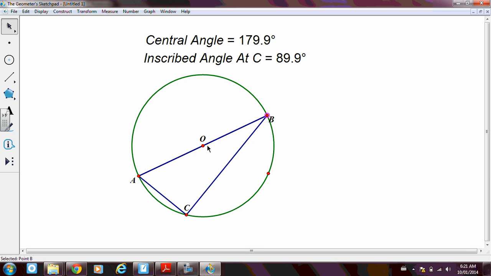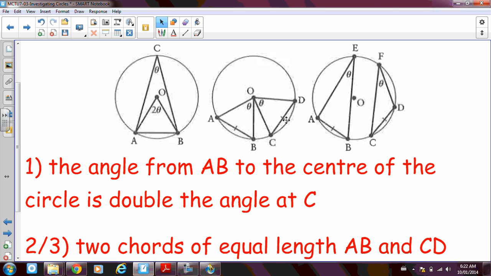If we have chord AB going directly through the center of the circle, what happens is the angle at C, just by extension of what we just saw, the angle now, if it's A through O to B, is 180 degrees, then my inscribed angle down here at C must be 90. So as long as we have the chord going directly through the middle of the circle, the inscribed angle in the corner is going to be 90 degrees. Okay, so that's just an extension of this.